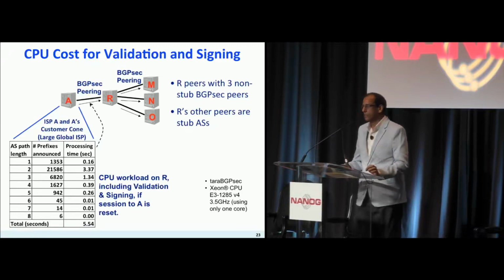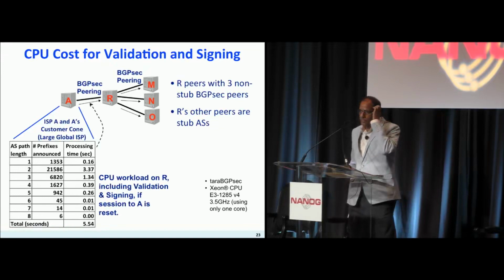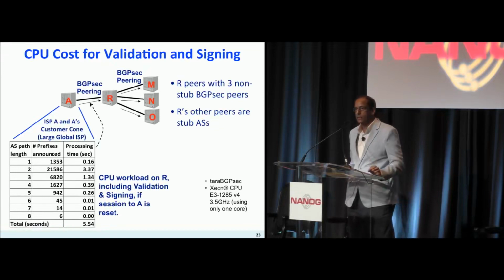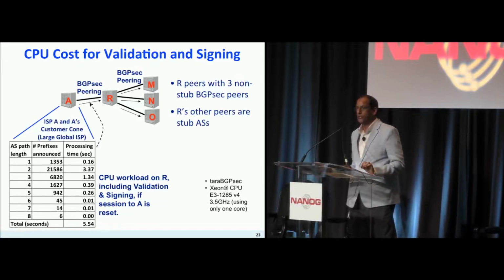So 120,000 verifications and 90,000 signatures. To accomplish all of that processing, R requires about 5.5 seconds. So once again, a single-digit second number, and that is for the incremental CPU cost associated with BGPsec processing.